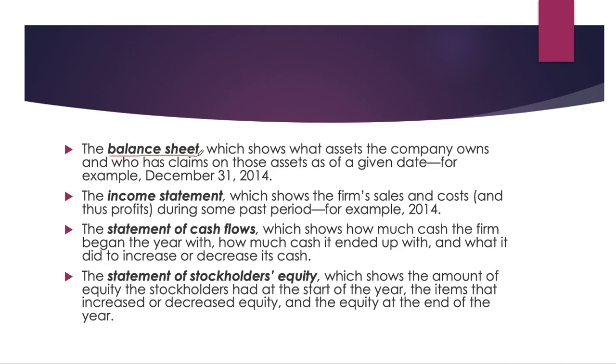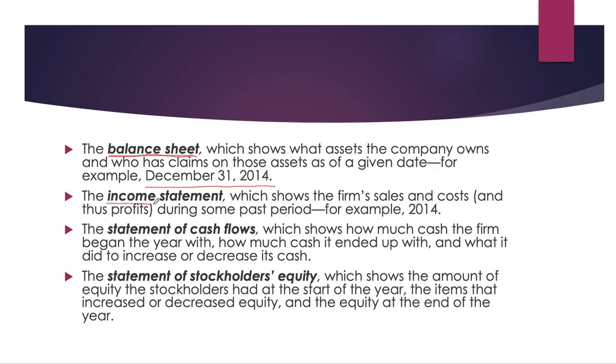For example, typically the end of the year, like December 31st of a given year, the company reports the balance sheet and we can see what the company owns as the assets and what are the claims on these assets, which we call the liabilities. This will give us the asset and liability situation of the company, and the difference between the assets and the liabilities will be the so-called equity. We will show that with some example.